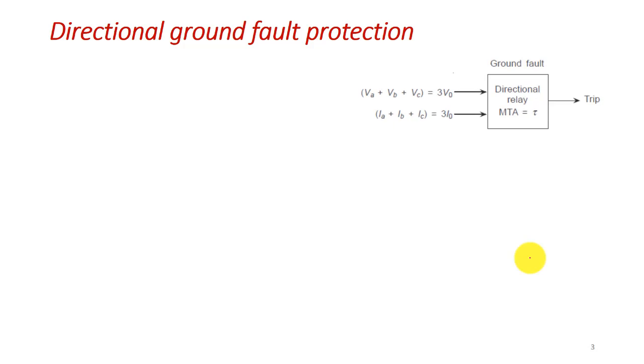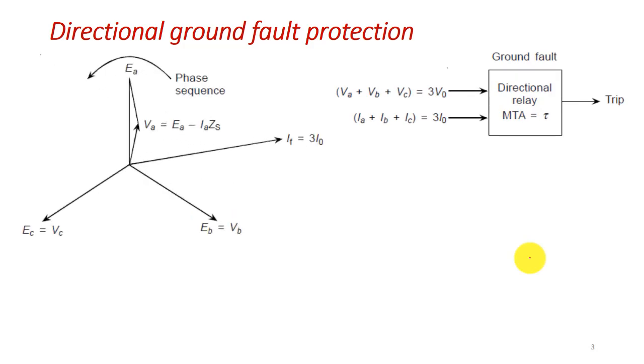And then we have also seen the directional ground fault protection. For a ground fault we have to feed the phasor sum of all the phase voltages VA, VB, VC to the directional relay potential coil, and similarly we feed the sum of the currents IA plus IB plus IC, that is 3I naught, to the current coil of the directional relay.